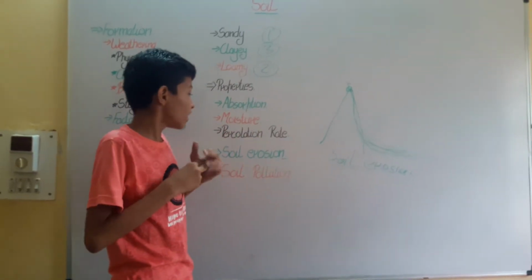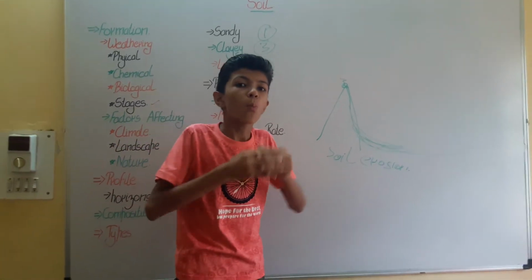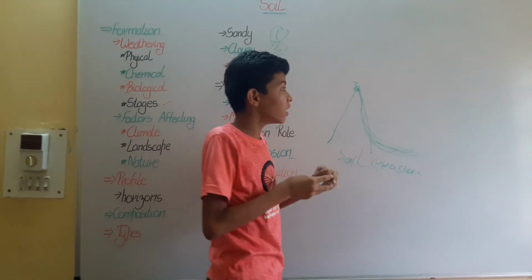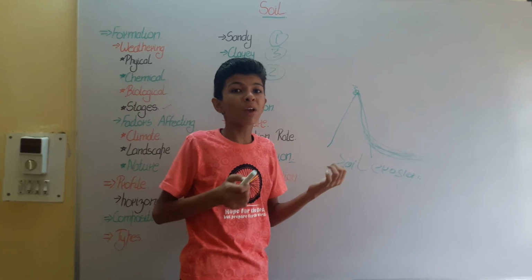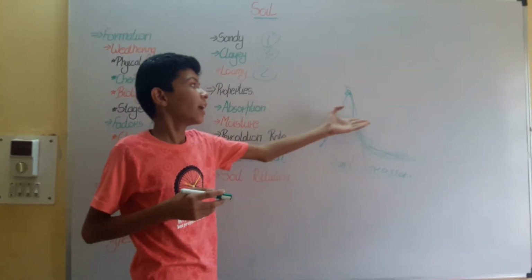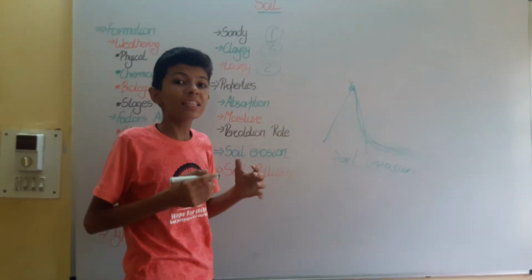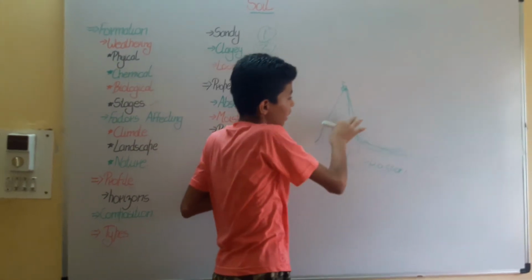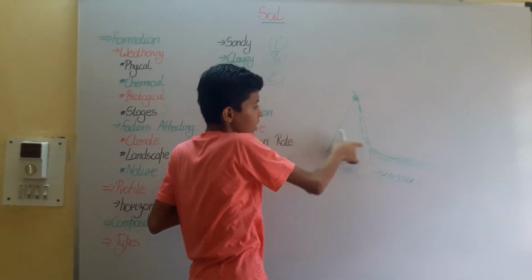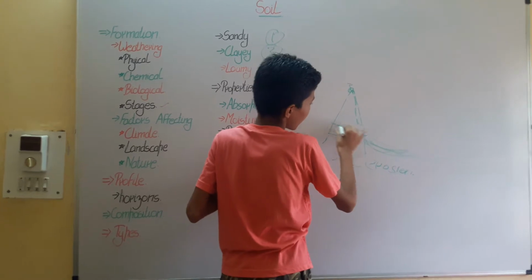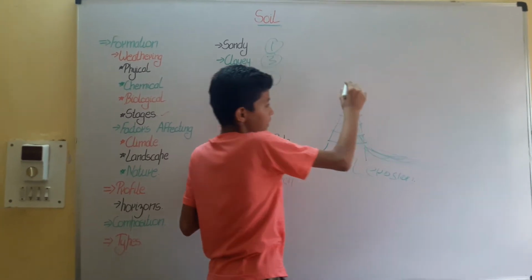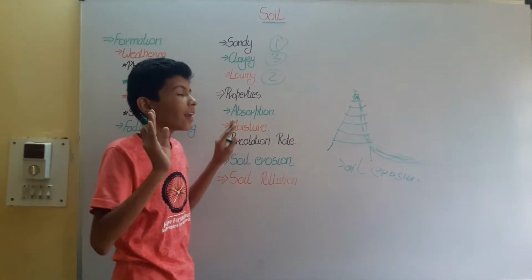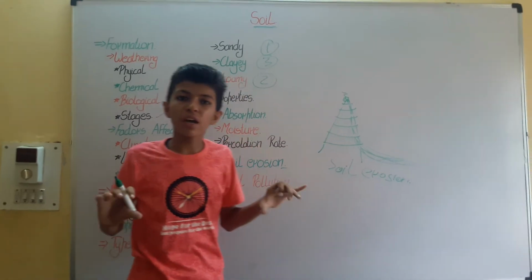So to prevent soil erosion, we have to grow more and more trees. A farming technique called terrace farming is done on mountains by cutting steps, as in the series here. Here are trees which help in stopping the soil and tightly gripping it.